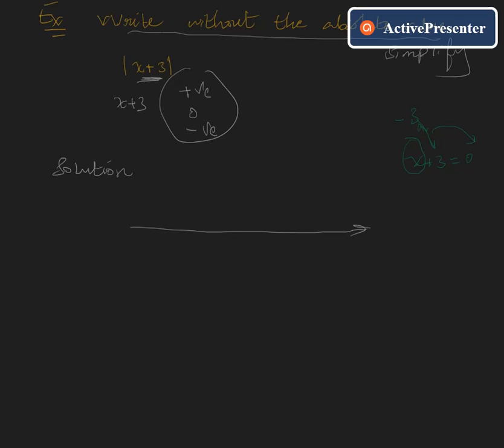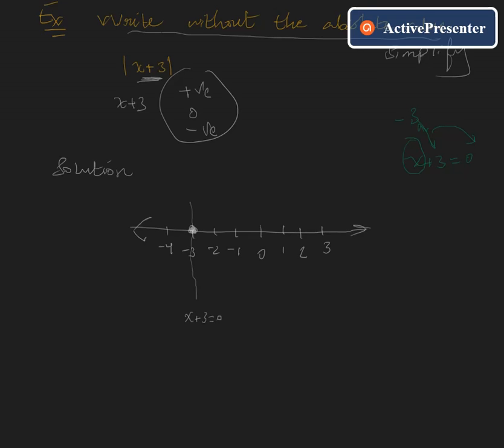Here we have the number line: 0, 1, 2, 3, negative 1, negative 2, negative 3, negative 4. So at x equals minus 3, closed here, the expression x plus 3 equals 0.